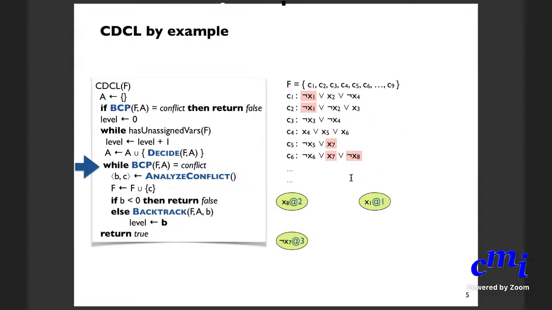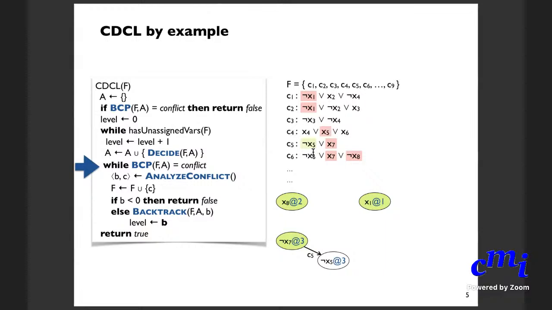It generates unit clauses, and the dependency among the implied unit literals that are generated is what is kept track of. The graph that we build is called an implication graph. As a result of this decision at level 3, when that is plugged into clause C5, that makes it a unit clause.